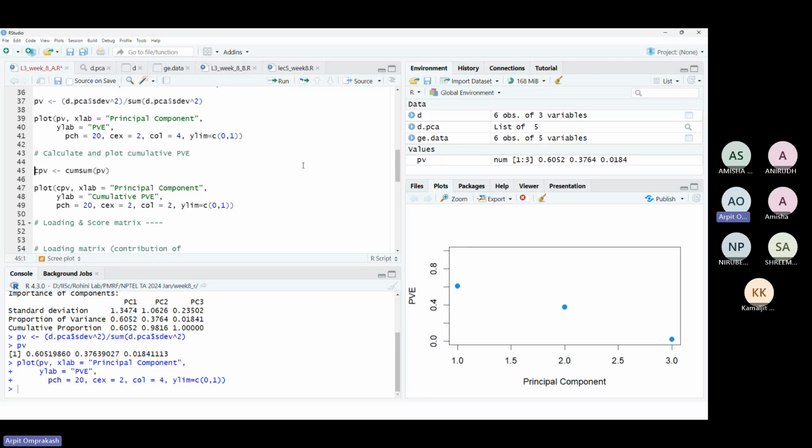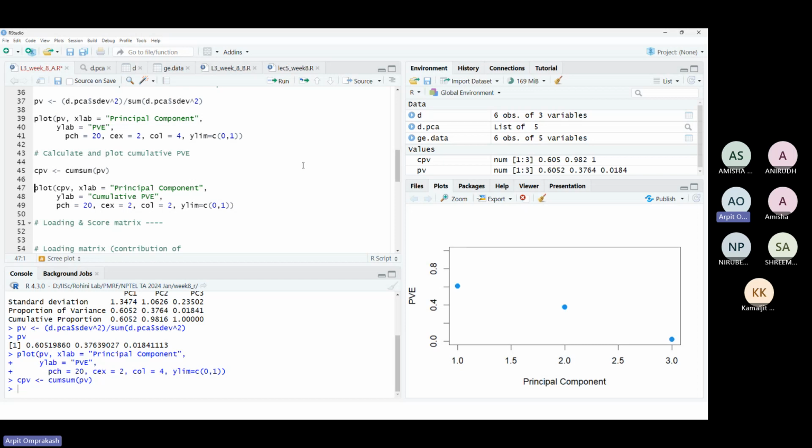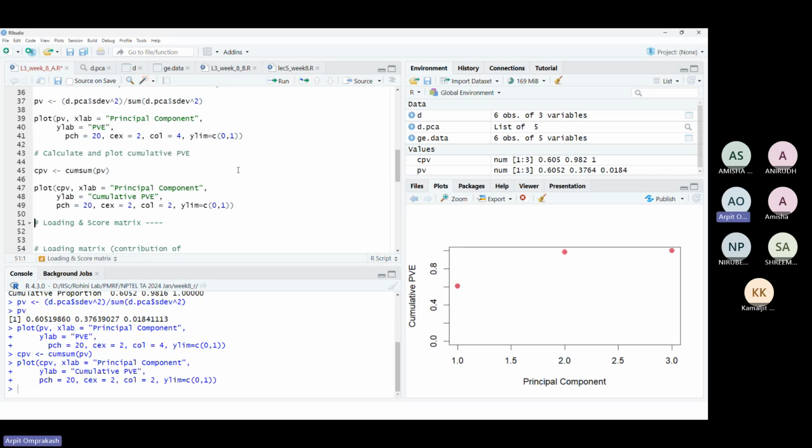Then we plot. It's the same function, but instead of PV, we have CPV. We run this. We see that principal component 1 alone explains about 60% of the variance. However, if we take principal components 1 and 2, it explains very close to 100% of the data.